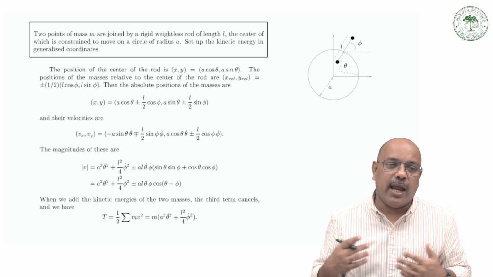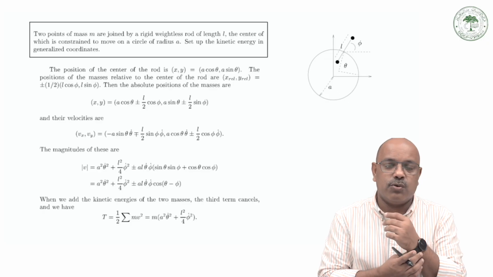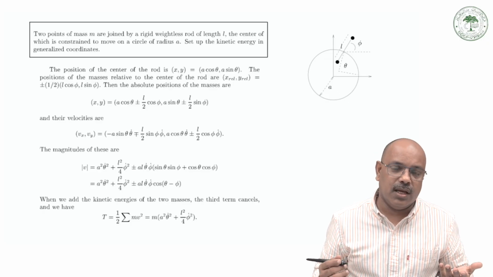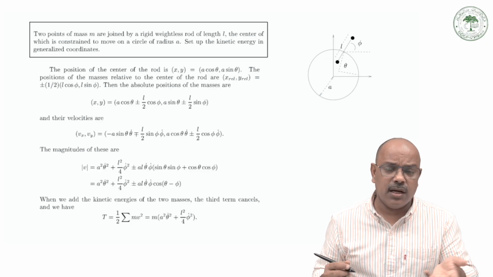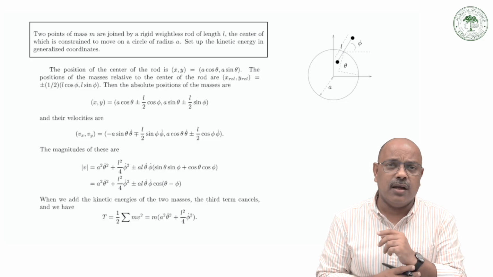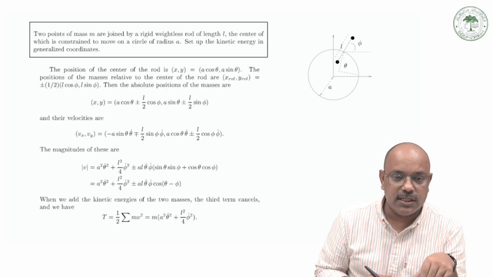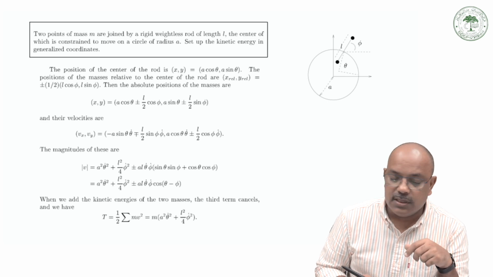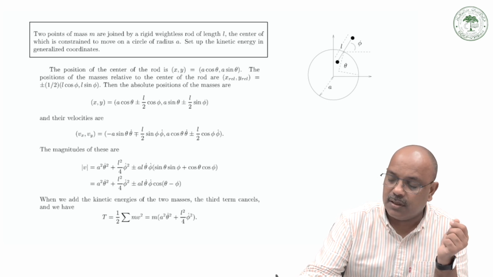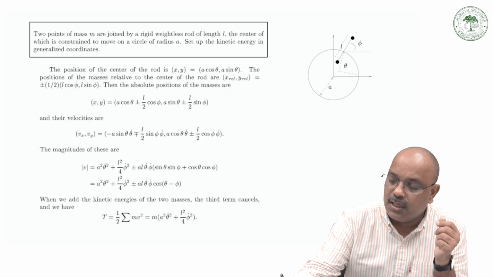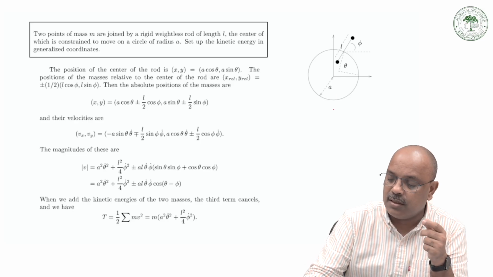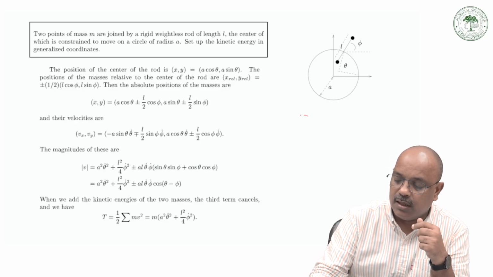So you have to set up the kinetic energy and the generalized coordinate, or you can write the kinetic energy and potential energy, and find the Lagrange equation of motion also. Here everything is given. You can clearly see the two masses are placed on a circle.